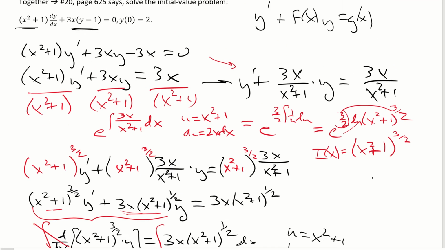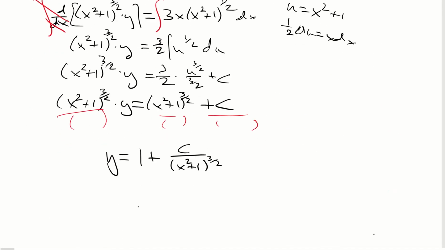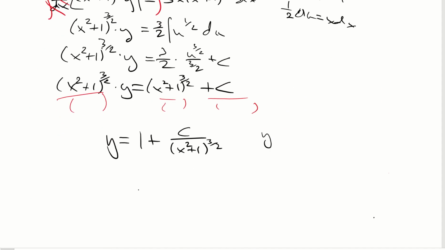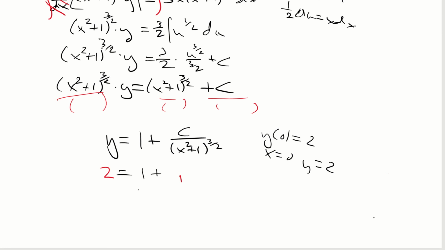We have an initial condition, y of 0 equals 2. So y of 0 equals 2 means when x is 0, y is 2. So let's put in 2 and 1 for y and x equals 1 plus c over 1 squared. 1 squared, oh boy.